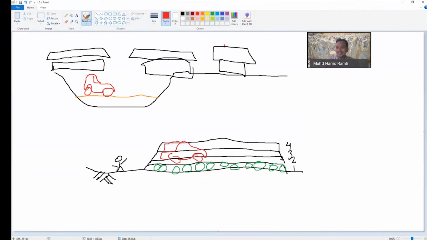You have to compact layer by layer until you are able to raise to the required height. So you're going to compact layer by layer by layer until you can get to that level.